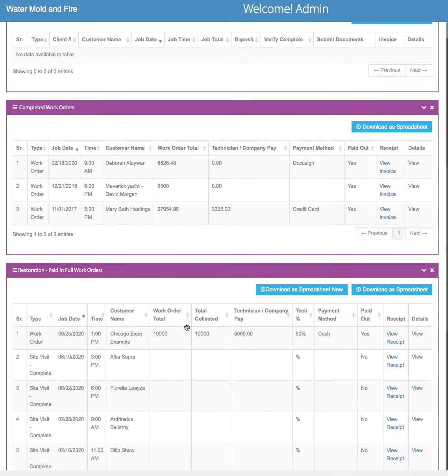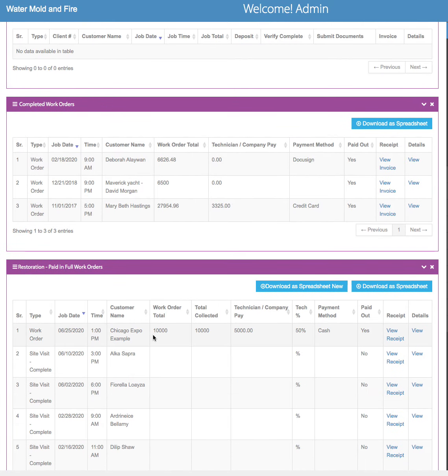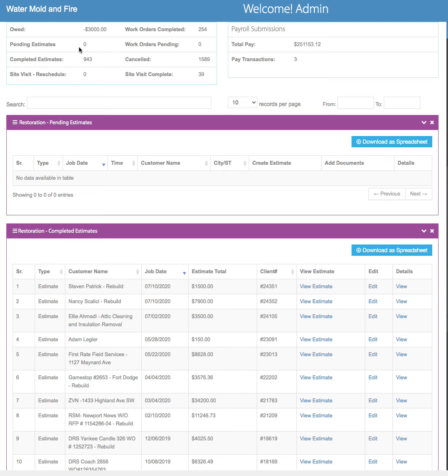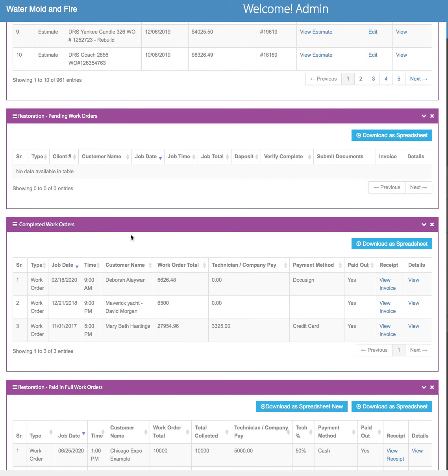So the Expo example is now in paid in full work orders. If you're looking at this, you would see that this moved to paid in full work orders, which is why the amount owed is not as negative. So it's now negative 3,000. We're going to do one more just to get this. We're going to do Deborah.